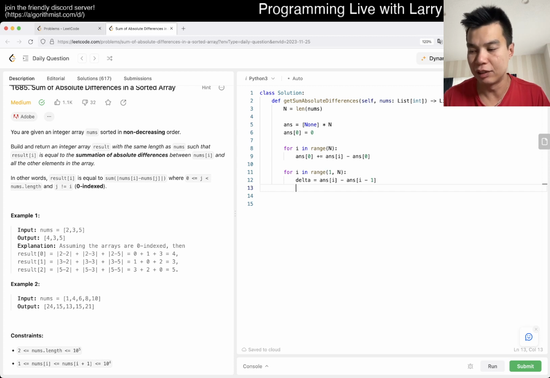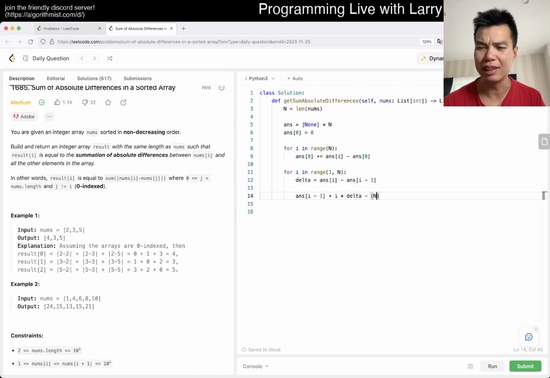If i is the first element, then there's one element that's going to increase, so it should be just i times delta. So we add to the previous answer i times delta, and then minus how many are on the right. It should be n minus i minus 1, maybe or minus 2, something like this. And that's pretty much the answer. And then we return answer.